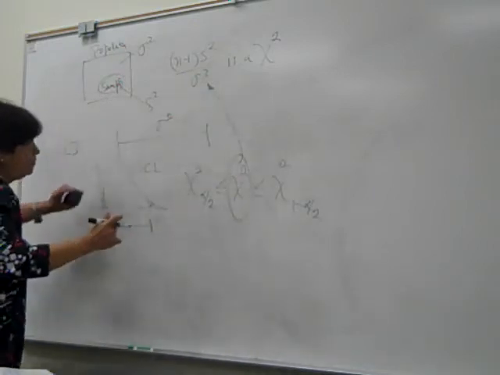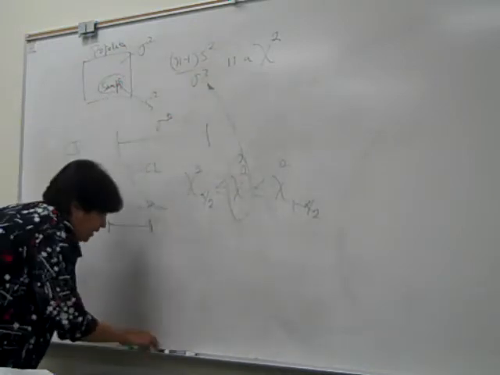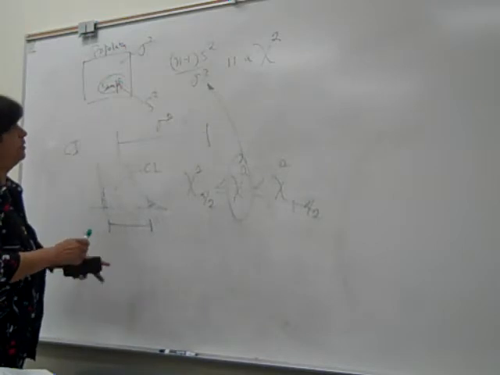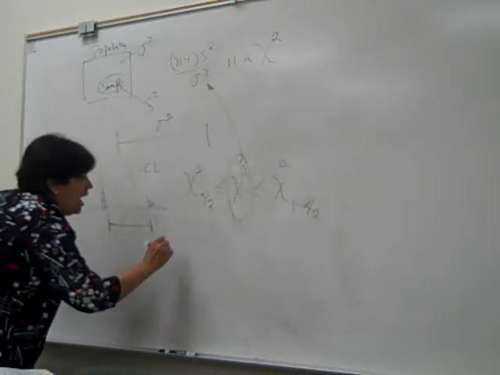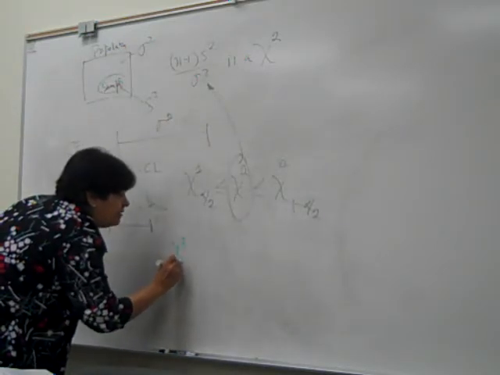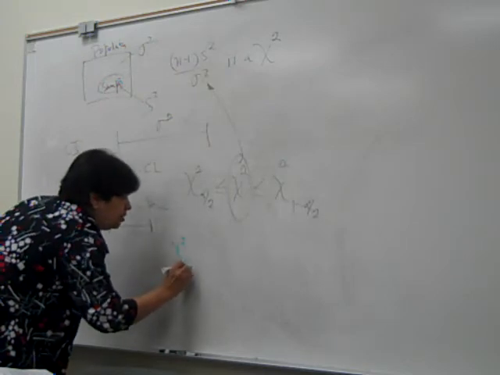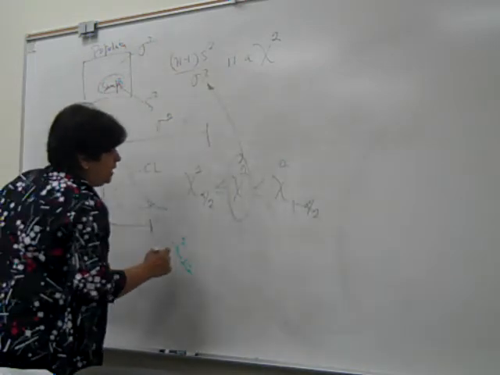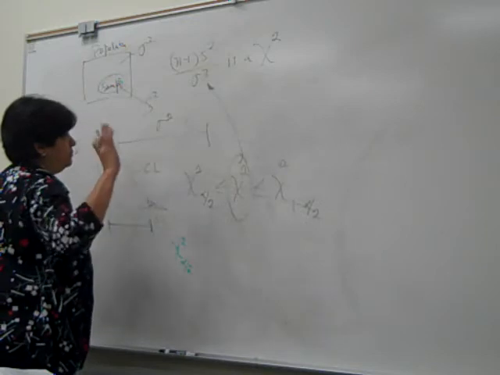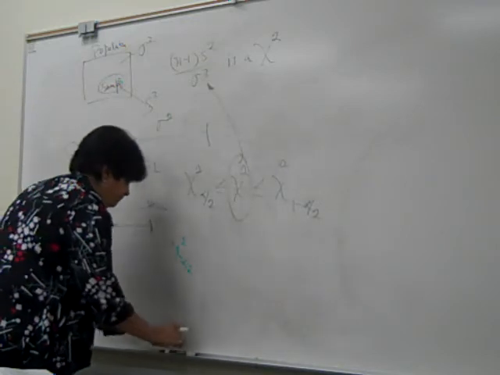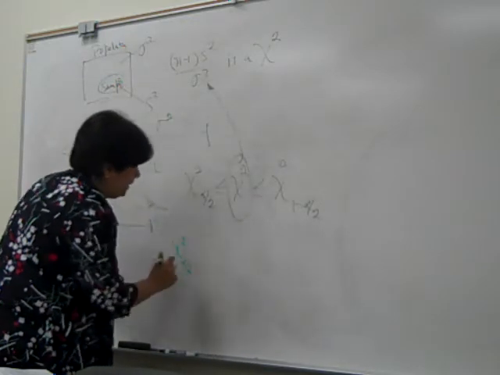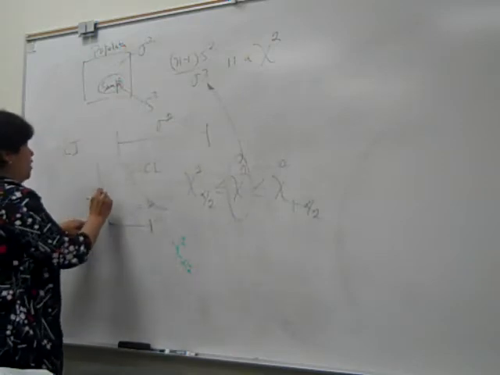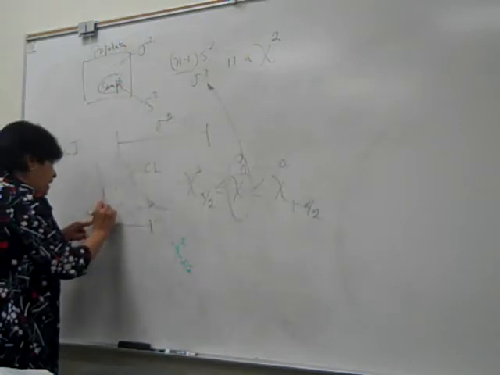So, let's see. Chi-square of alpha divided by 2 is... this is not alpha divided by 2. This is 1 minus alpha divided by 2.